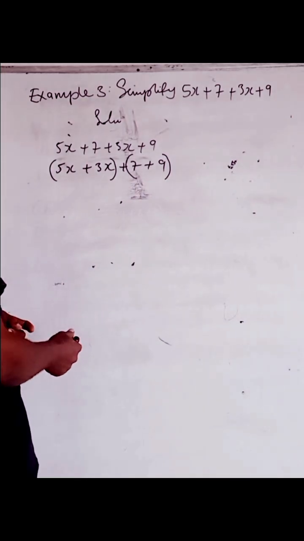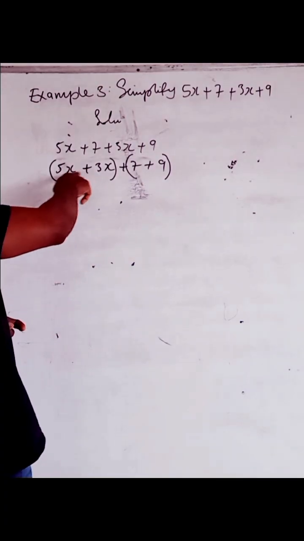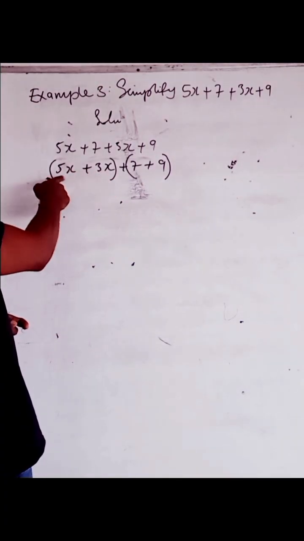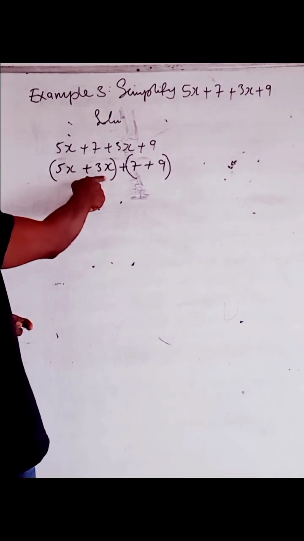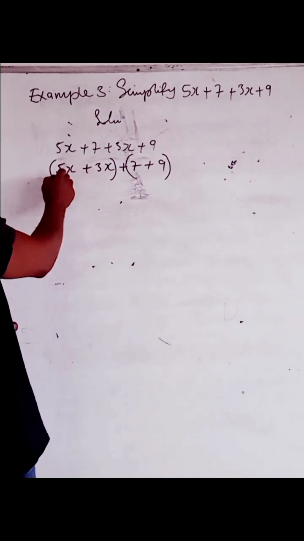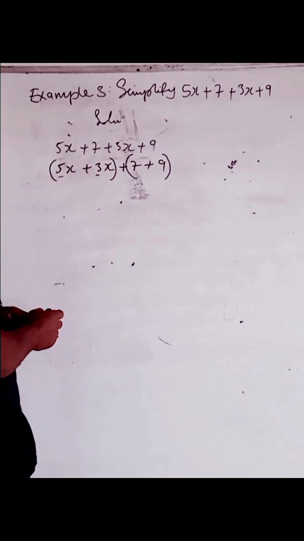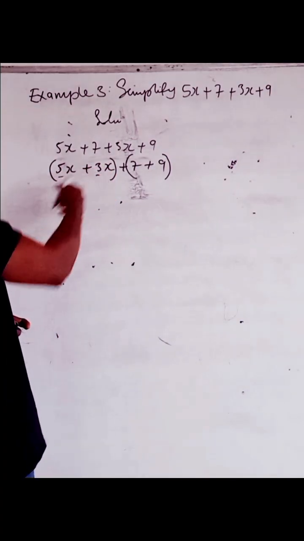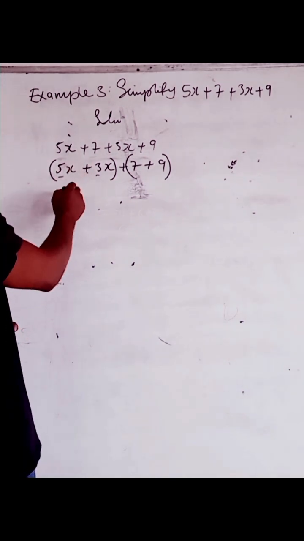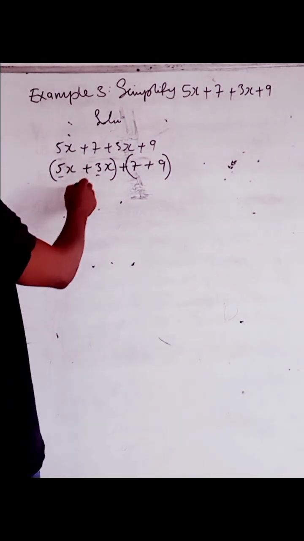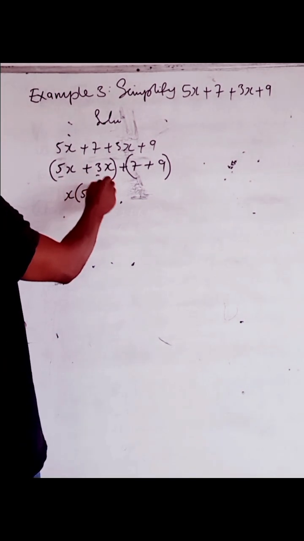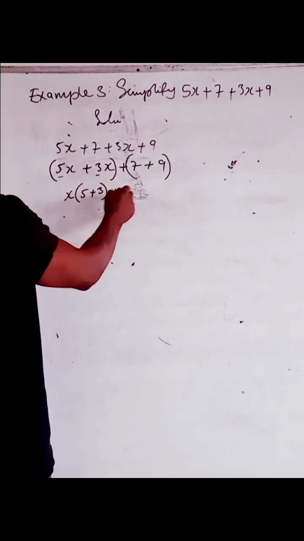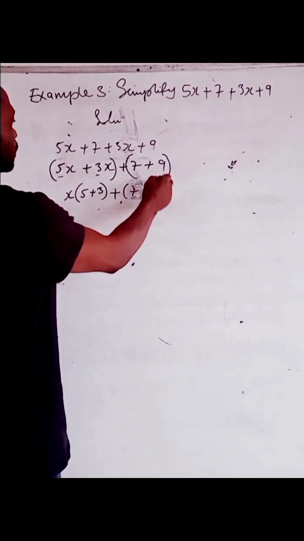Okay? Now we know that 5x plus 3x, if we are adding two like terms like this together, what we do is to add the coefficients and then take the common variable. Right? So in this expression, it's going to be x multiplied by 5 plus 3, plus 7 plus 9.